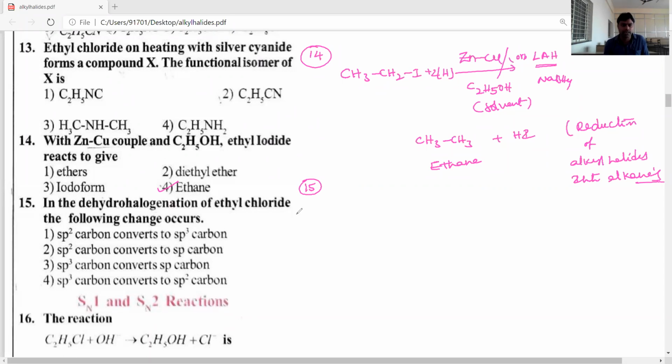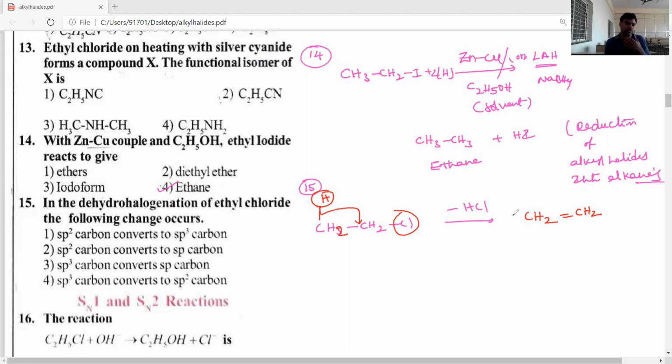15th question, the dehydrohalogenation of ethyl chloride. CH3-CH2-Cl. Dehydrohalogenation means loss of HCl. This hydrogen and this chlorine will be eliminated. That is called dehydrohalogenation. The product is CH2=CH2.